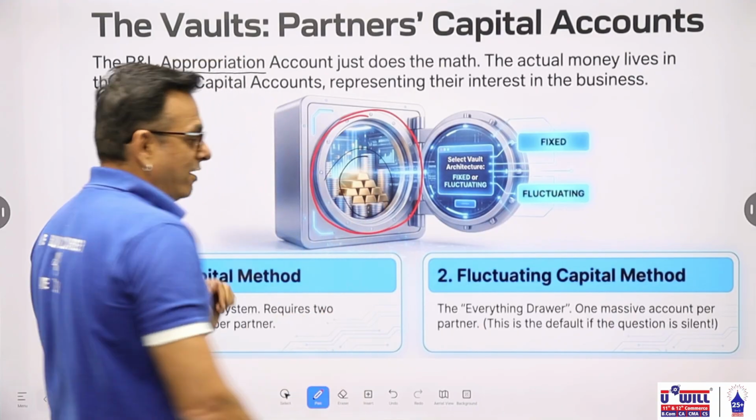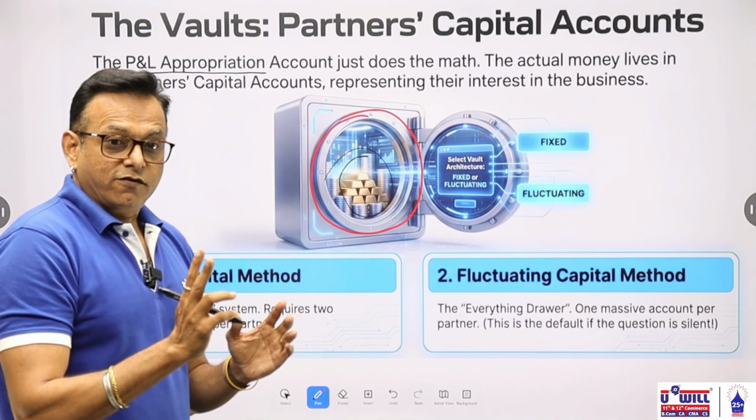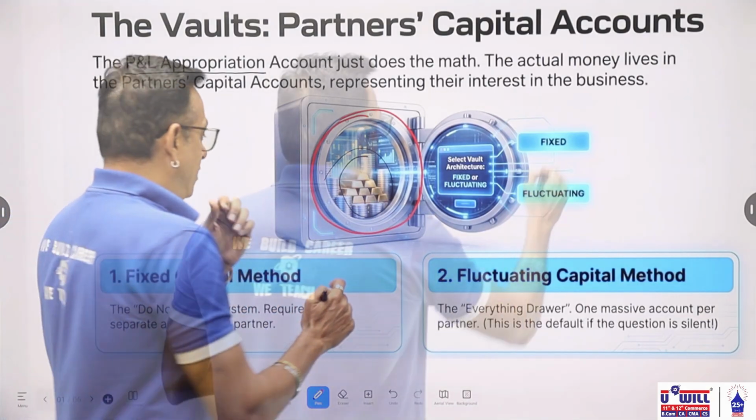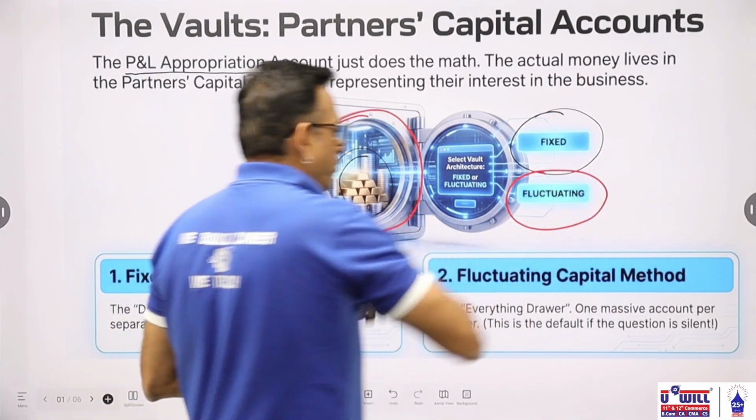You can see money lying over here. Now, two methods of maintenance of capital account. One is fixed and other is fluctuating.